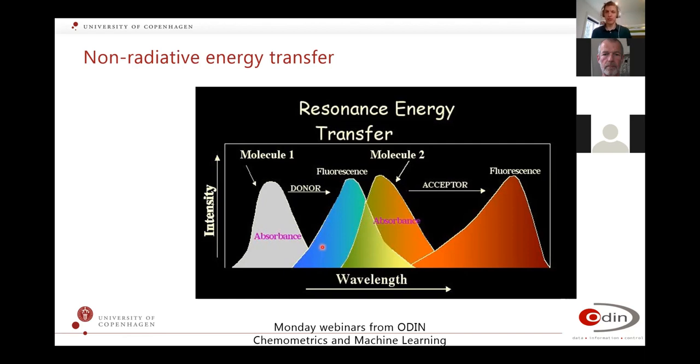Now, in the same solution, or even close to this fluorophore, you also have another amino acid like tryptophan. The tryptophan has a different shape on its excitation profile, and it will be able to absorb some of this light that is emitted by the tyrosine. Then it will emit light at a much higher wavelength. What you're observing in your measurement is that something is absorbed at this wavelength, and it's emitted at this wavelength.